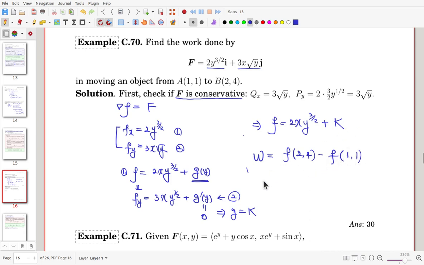So ignoring the constant, F(2,4) is 2 times 2, and 4 to the 3/2 is 8, minus F(1,1), which is 2 times 1 times 1. So that is 32 minus 2, which is 30. Okay? So we found the work.